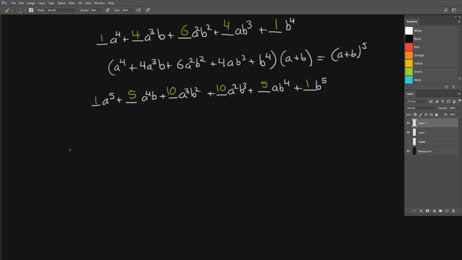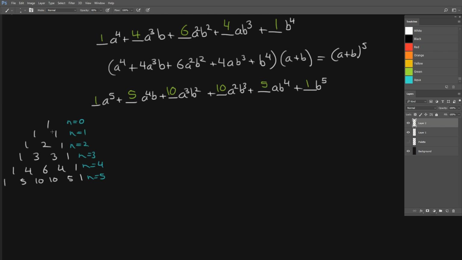Now, there's another cool fact about Pascal's triangle. I'll have to draw a new one over here. So let's look at what happens when we add up the rows of Pascal's triangle. The top row corresponds to n equals 0, then n equals 1, n equals 2, n equals 3, n equals 4, n equals 5.